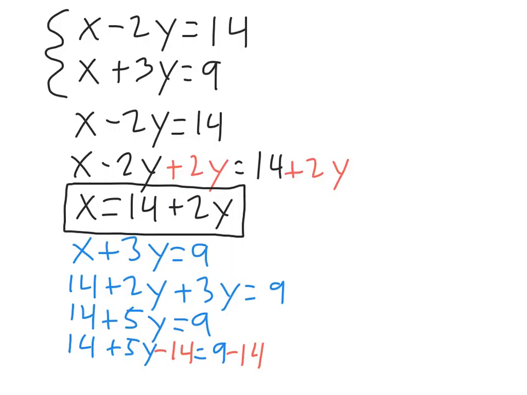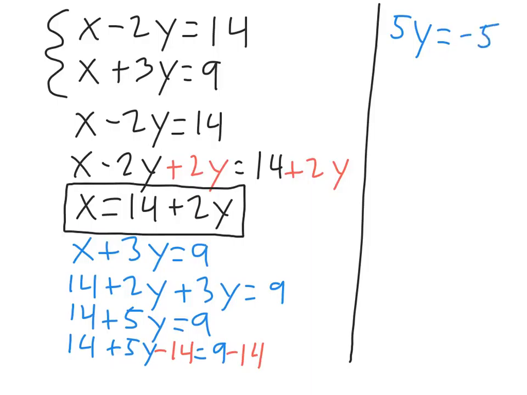I'm running out of room, so I'll put that back to the top, so we'll go back over here. On the left side, we're left with just 5y because the 14s cancel out. So we have 5y equals, and then 9 minus 14 is going to be negative 5.